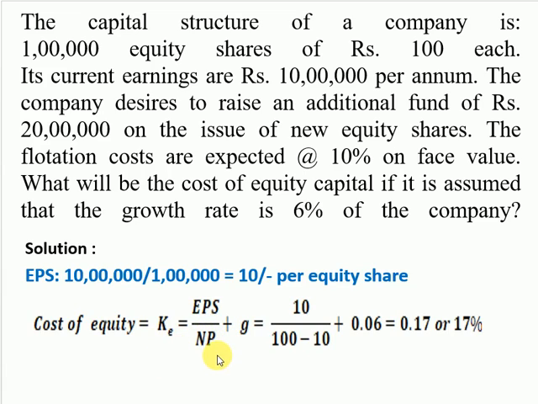NP is net proceed, is the face value minus 10% flotation cost, that is 100 minus 10. So here K is 10 divided by 90 plus 6% growth in earning is equal to 17%.